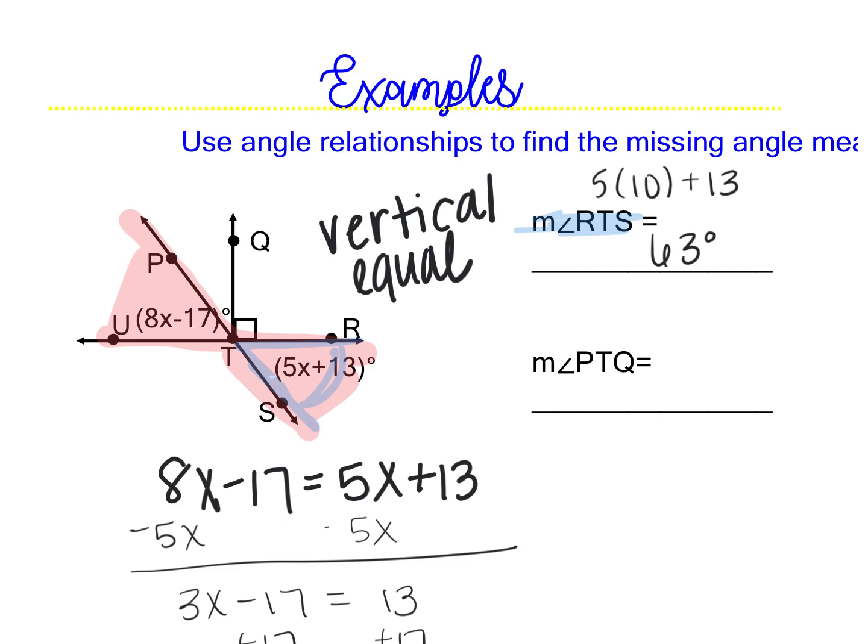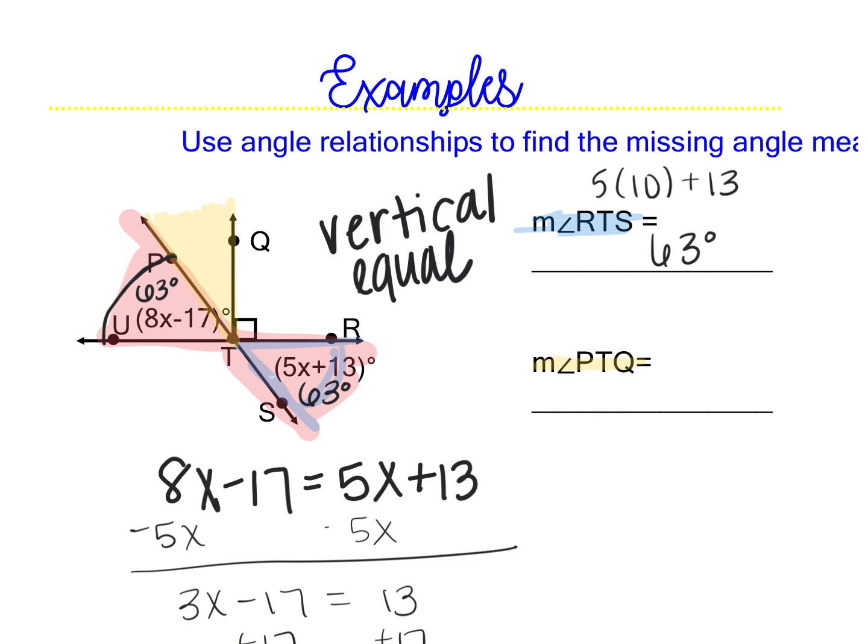The second angle they want us to find, PTQ, is actually this angle here. So I know that this angle is 63 because it's vertical to the other angle that we figured out was 63.